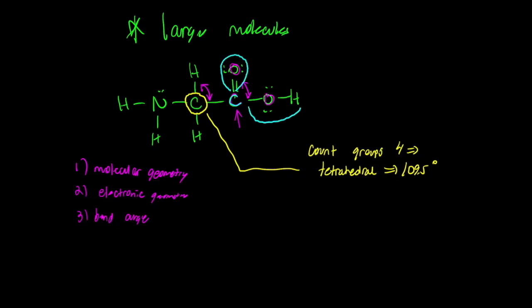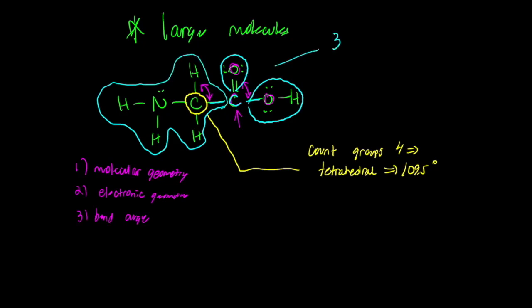This is one group, because there's a line going that way. And here's a line. This is one whole big old group. So we say that that carbon has 3 groups. 3 groups means, let me think, right? It means you have a trigonal planar geometry.